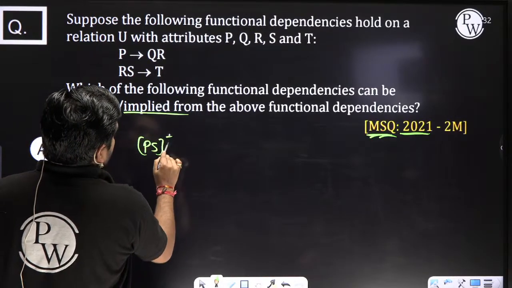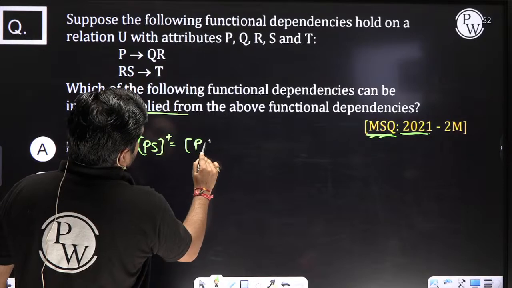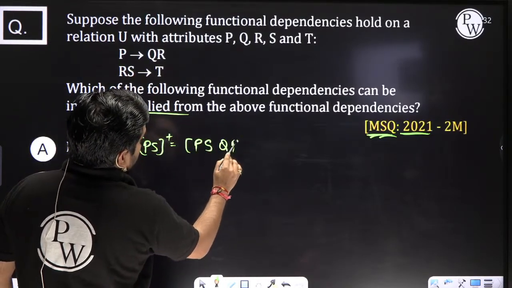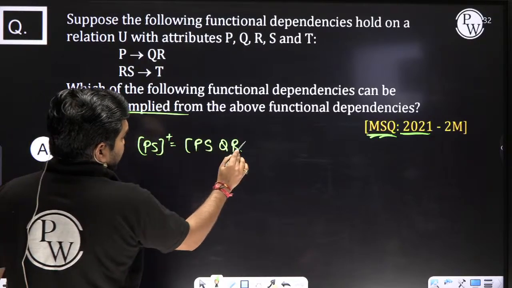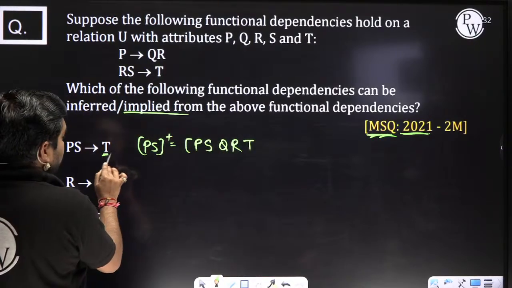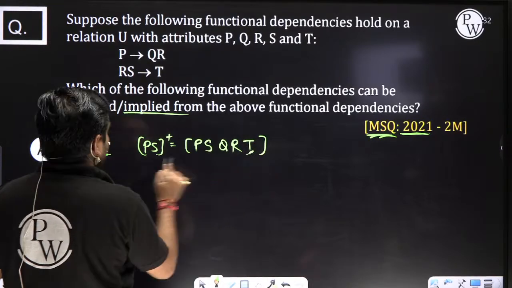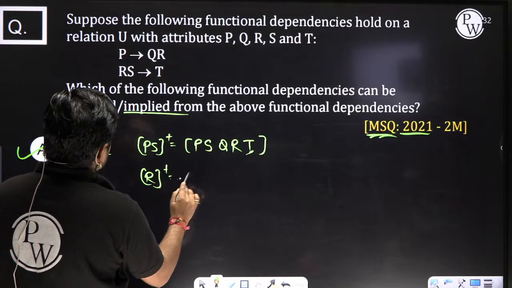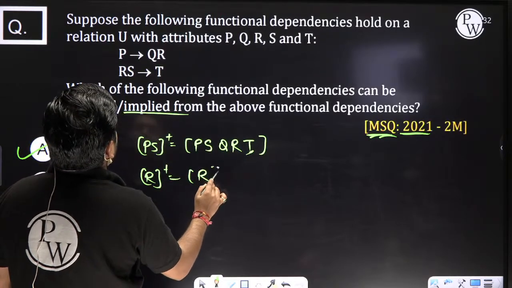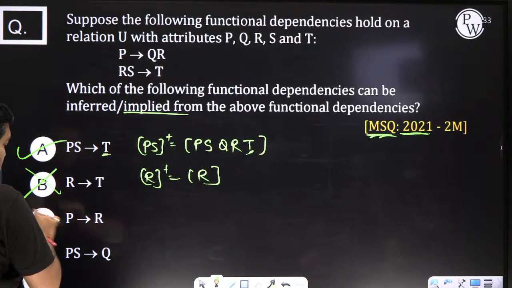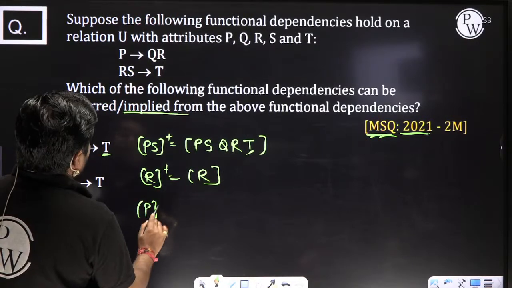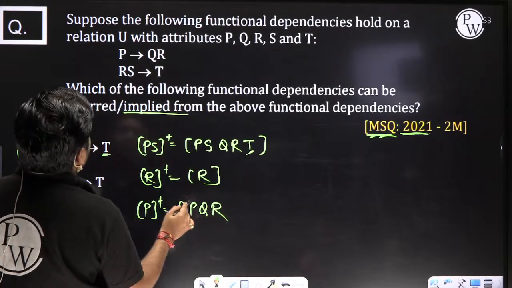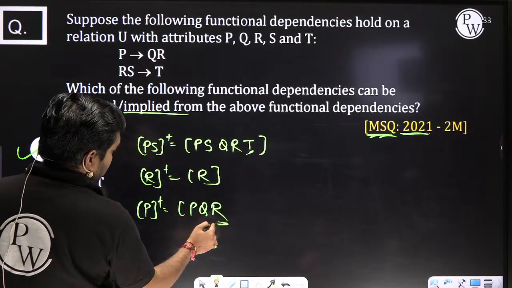First of all, P determines QR, RS determines T. We are asked for T. R closure: only R. The R closure is not getting anything. P closure: what is the P closure? It determines QR and nothing more. But we required R only.